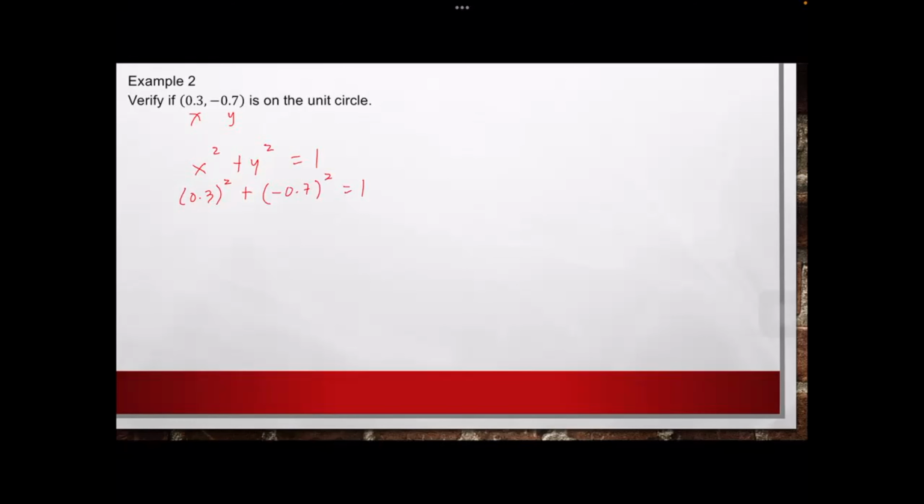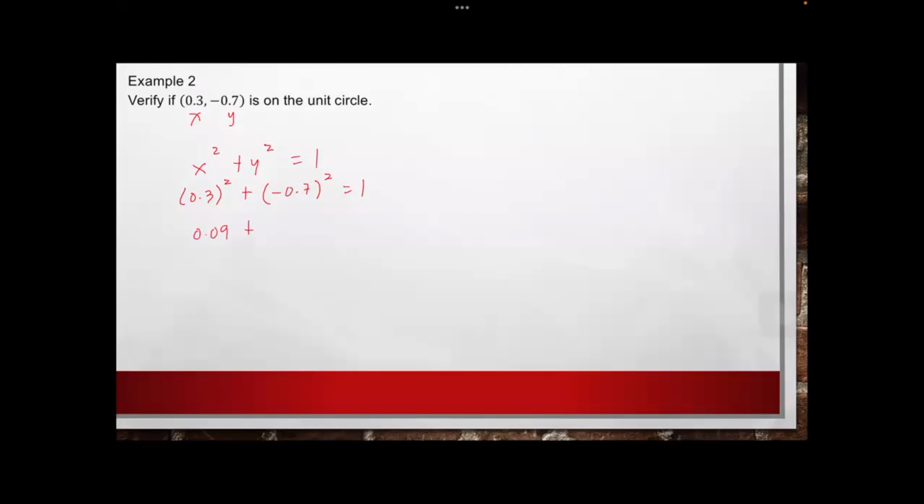If we square 0.3, what will be the answer? This will be 0.09.